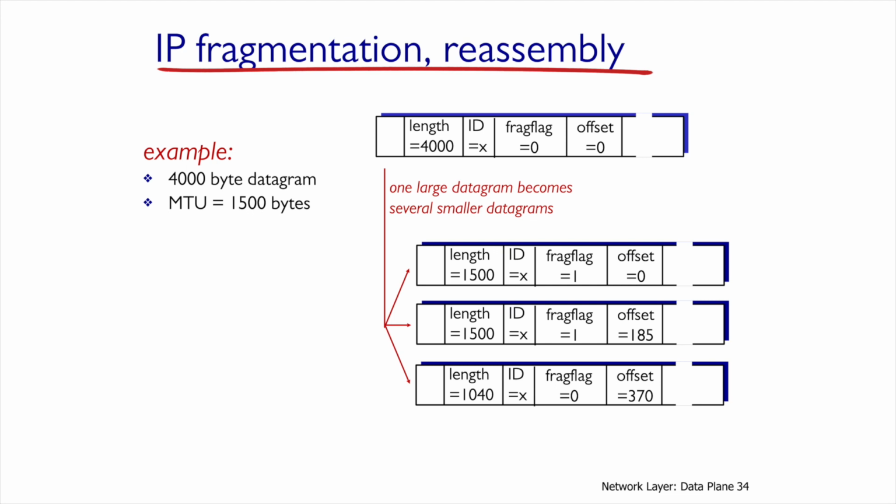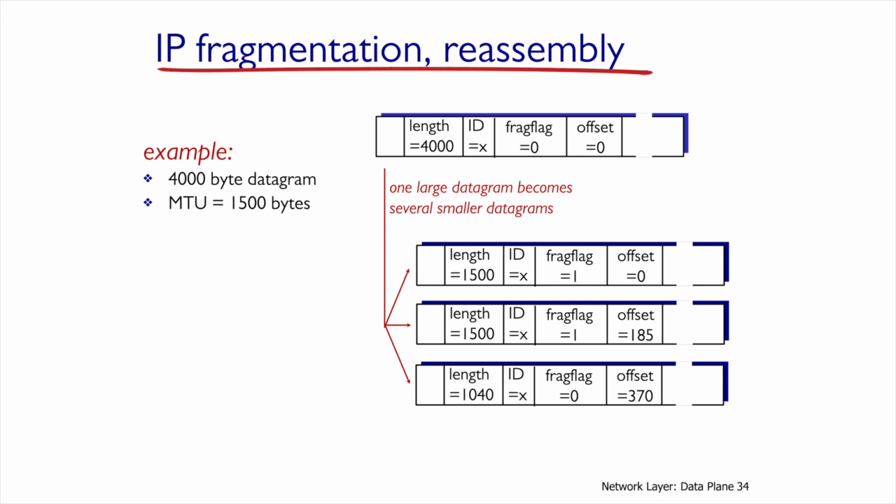And once we do fragmentation, we copy the ID, and we mark the More Fragments flag as 1 on the first datagram, 1 on the second datagram, and 0 on the last datagram. This helps us with the assembly, as does the offset, which is measured in octets, not bytes, but octets. For the first one, it is 0.